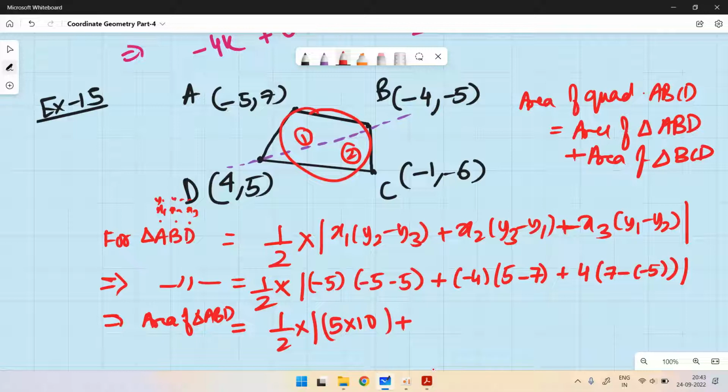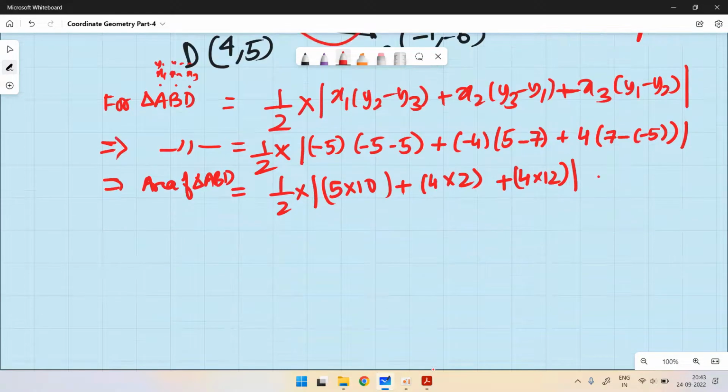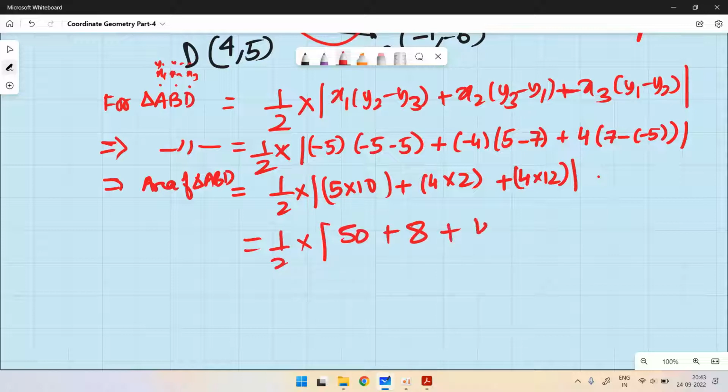And next is 7 plus 5, which is 12, so 4 into 12 is 48. So this is half into 50 plus 8 plus 48, which is 106, mod by 2.